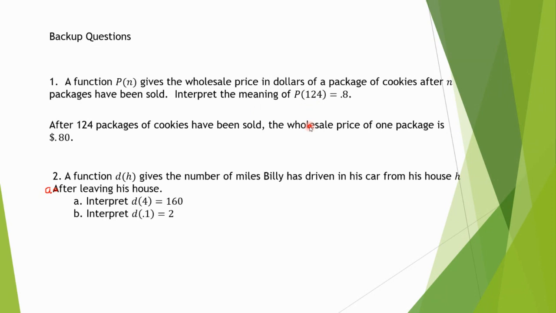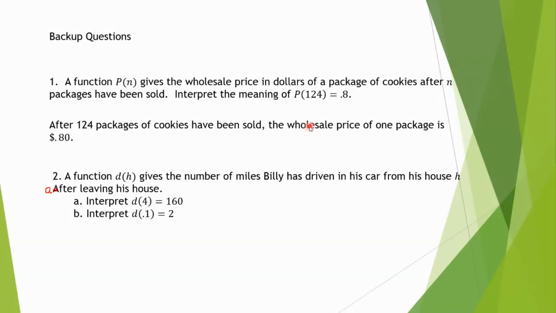Here's 2. Here we have a function d of h, right? This function is giving us how many miles Billy drove his car from his house, h hours after he left.